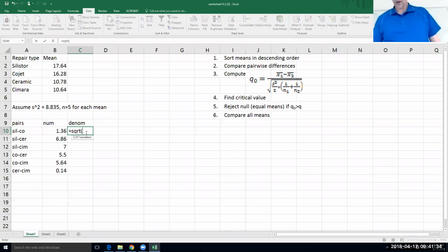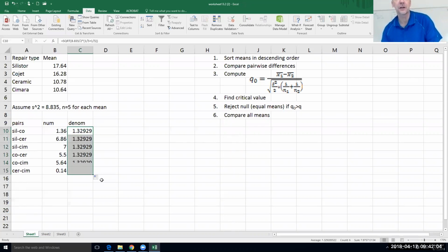So that's going to be 8.835 divided by 2 times 1 divided by, now it says I've got n equals 5, which is really handy, plus 1 over 5. Now, those don't have to be the same, but since they are, all of your denominators are going to be exactly the same. Does that make sense? Okay? So be careful here. The denominator is not always the same, but in our case it is. So I'll just copy that down.